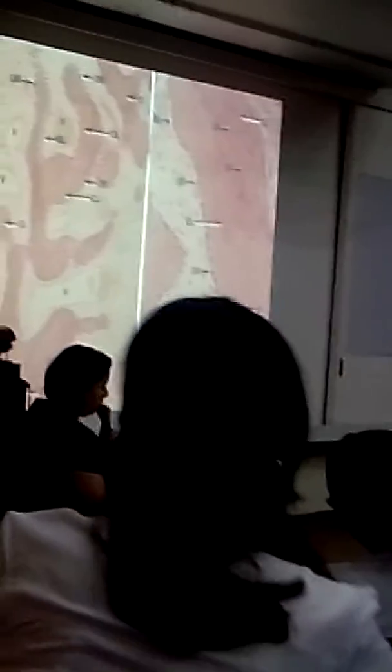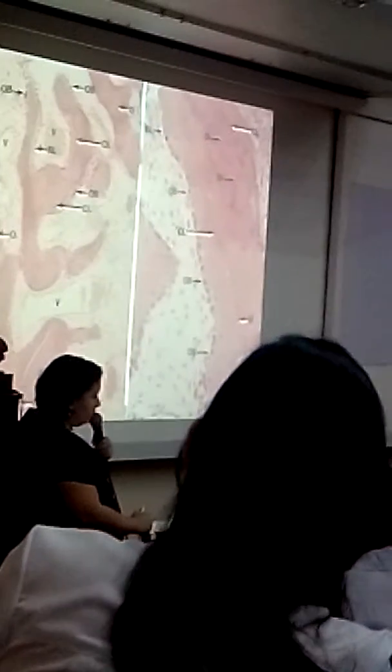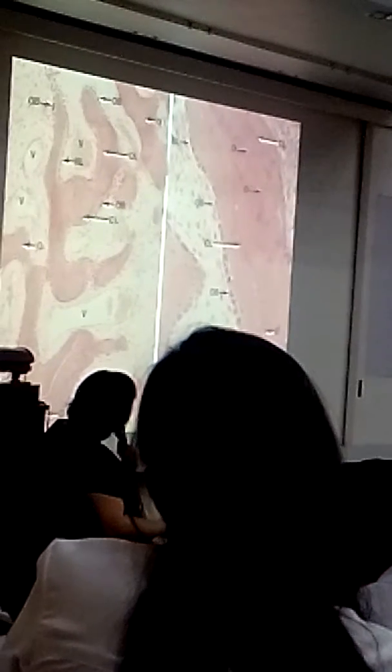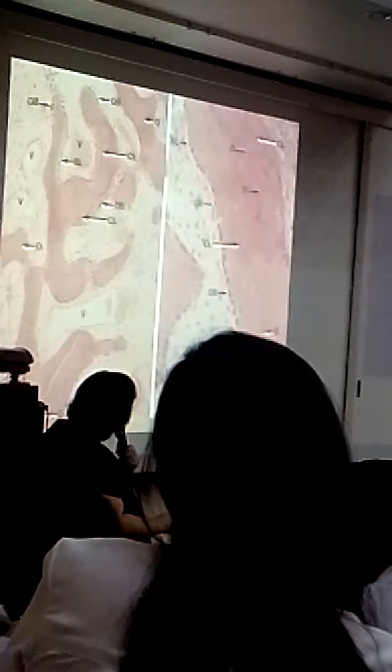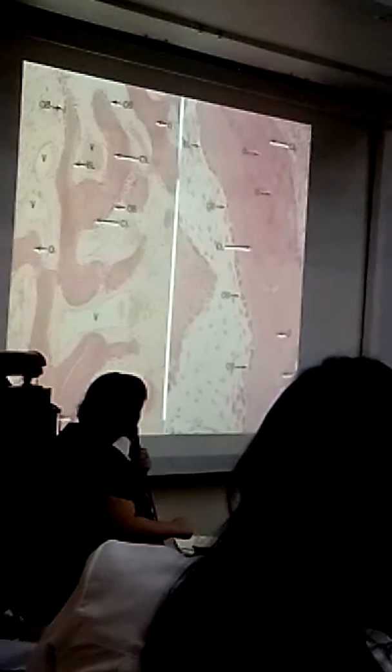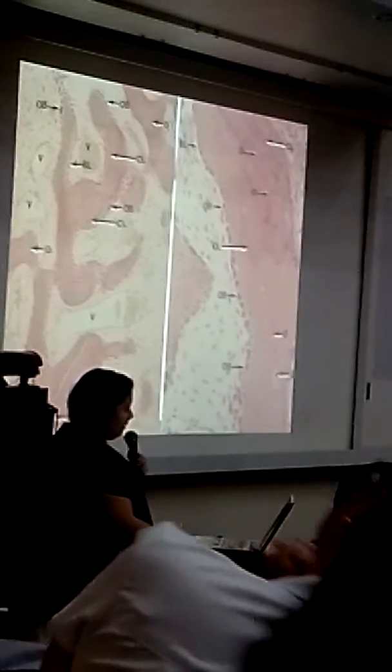And then when they become osteoblasts, remember the illustration earlier? They become more cuboidal or rounder in shape. The osteoblast is really larger, and when they become surrounded by the matrix, they become osteocytes.